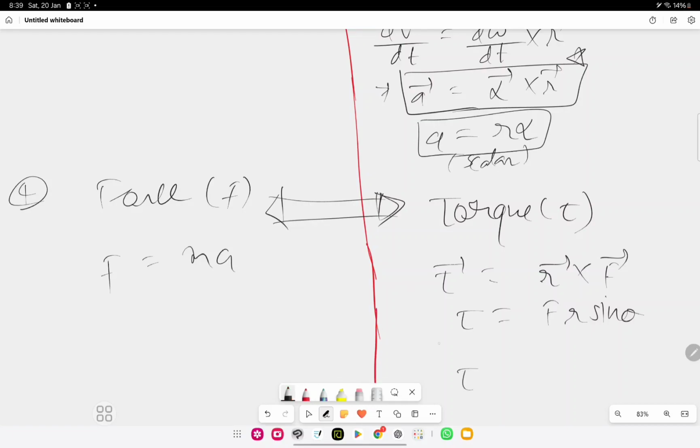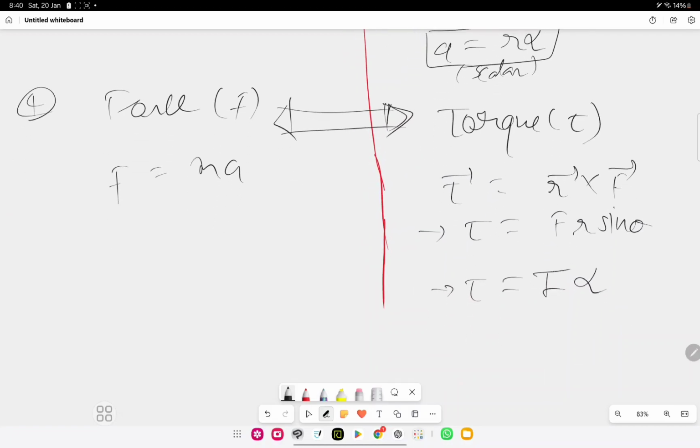This is the second definition of torque: mass is similar to the moment of inertia, and a is similar to alpha, so tau equals I alpha.